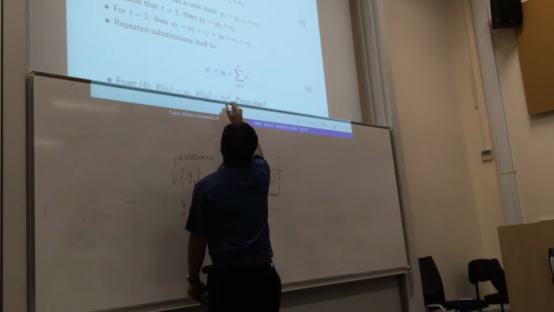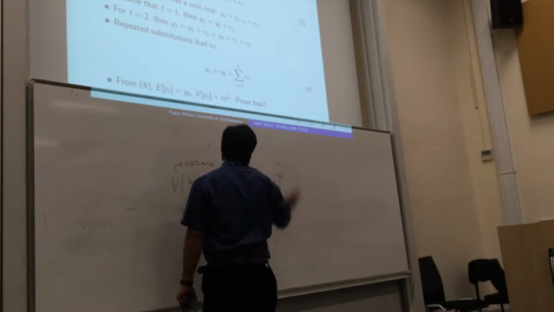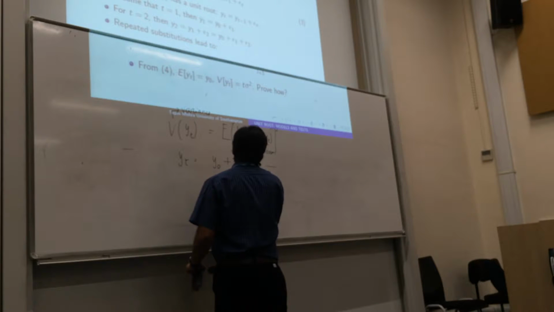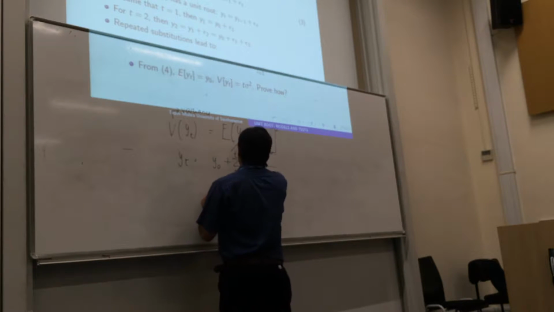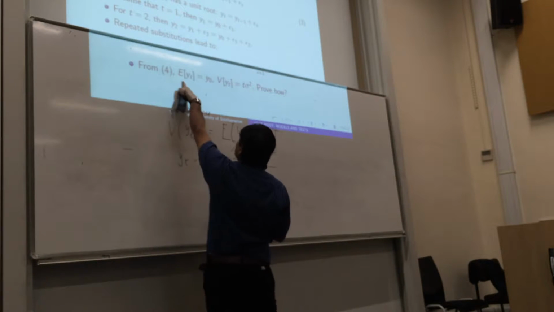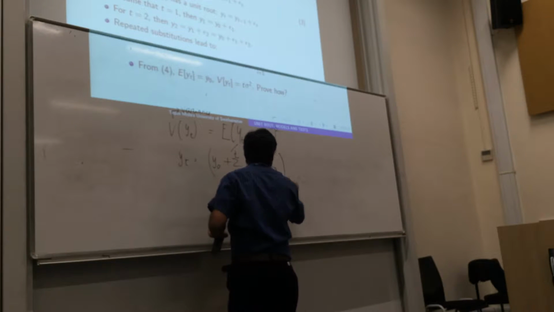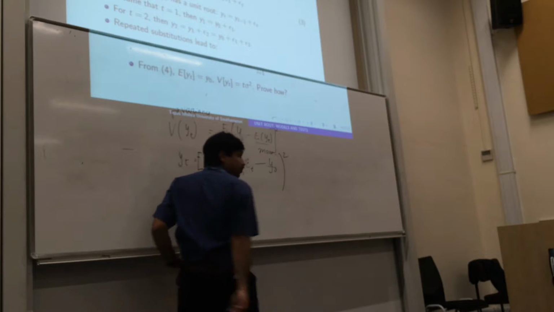From this expression for y0, you can write i equal to 1 to t, whatever you like, it doesn't matter. Now this is yt, so it's minus the expectation of yt. The expectation of yt is y0. Bracket close, take expectation here, square.